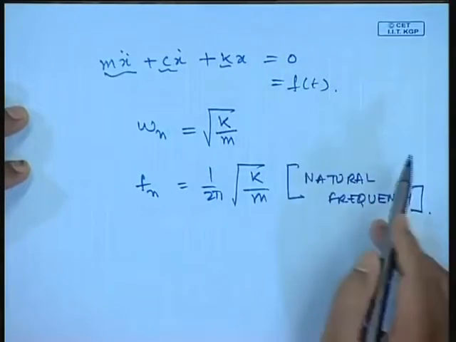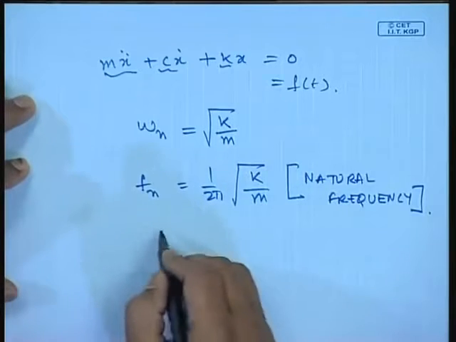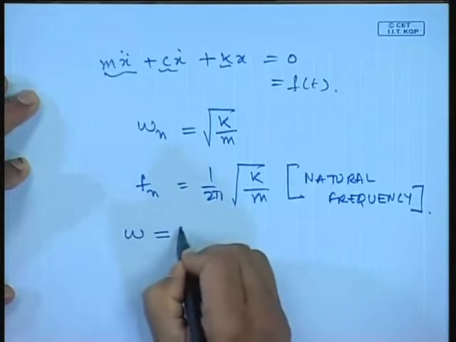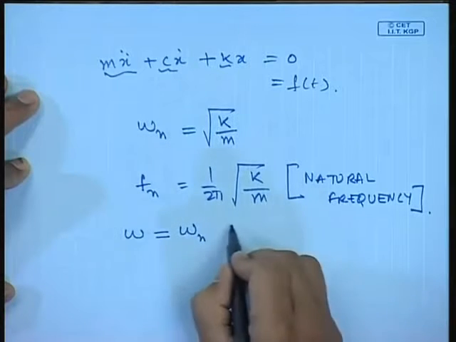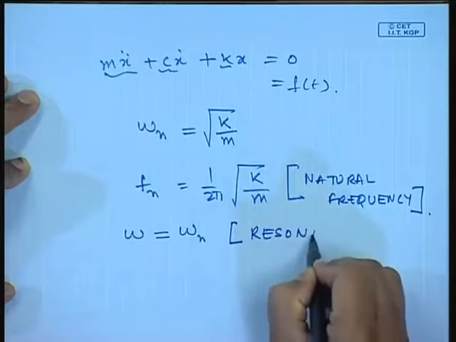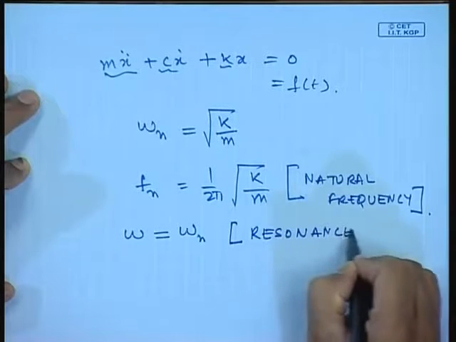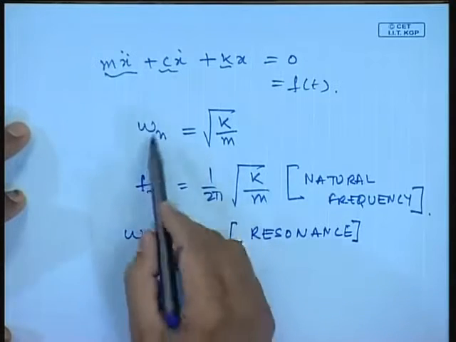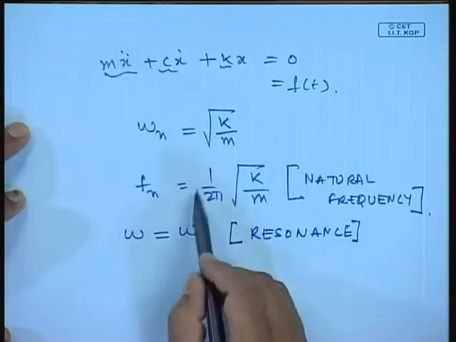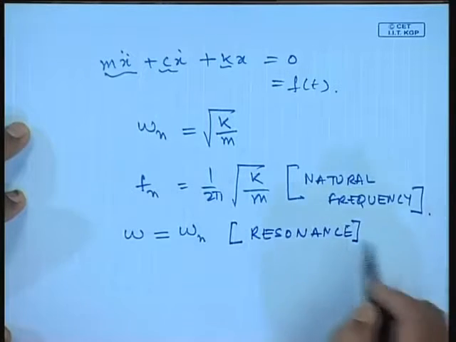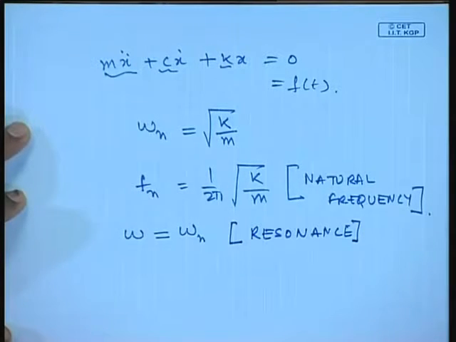But there are many consequences of this. For example, in one case we have the forcing frequency omega equal to omega n. So, we will have a strong case of resonance, wherein there will be large motions of x, or the displacement. So, this has to be avoided while designing the machines.